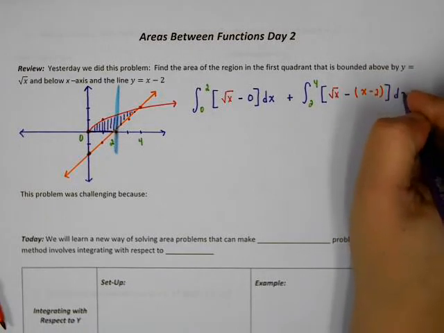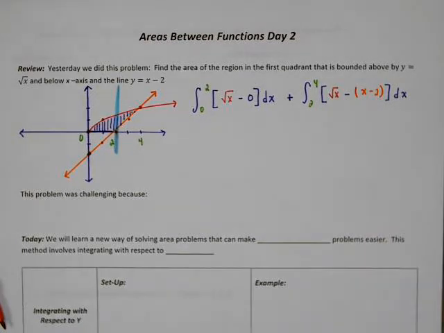Now, particularly without a calculator, it was a lot of work to kind of go through the process of doing the antiderivatives, evaluating, and finding this area because we had two separate integrals that were required to be successful.